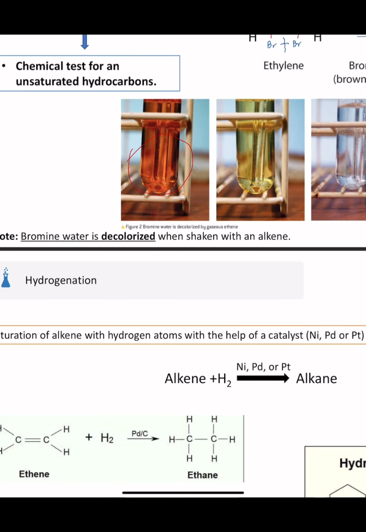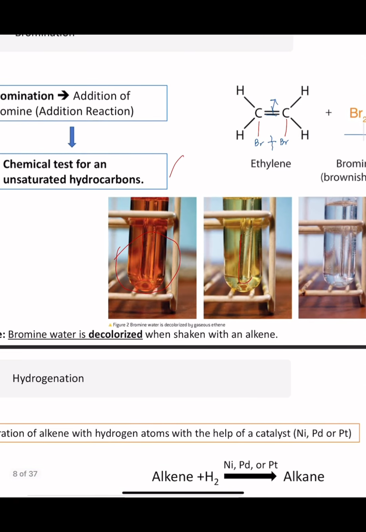We have done this in the lab. You see there is a glass tube in here. Through the glass tube, ethylene, which is a gas, is pumped through, while this test tube holds bromine, which is reddish brown.